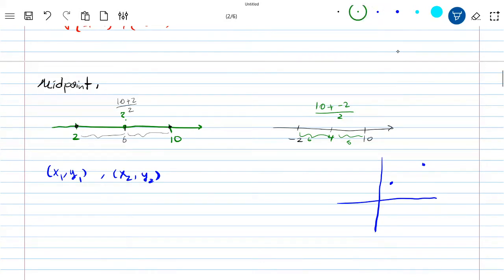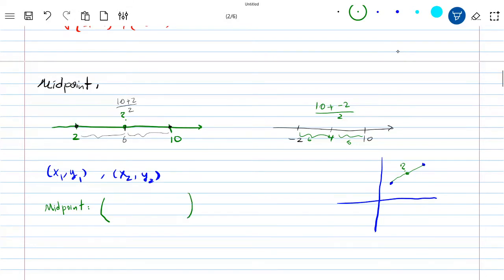That means if you connect these two, you create a line segment. Between those two, there is a point. We want to figure out what that point is. How do you find it? Just simply take the average. So the midpoint is the average. Average of what?